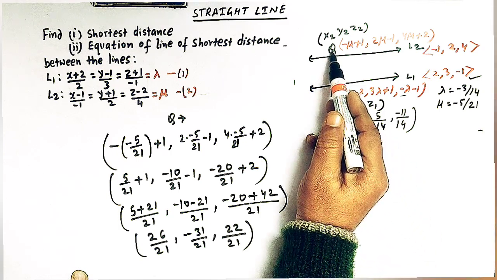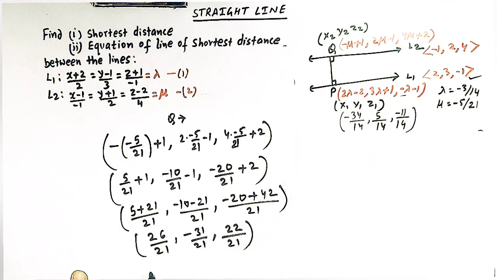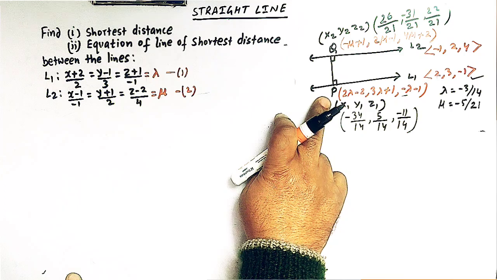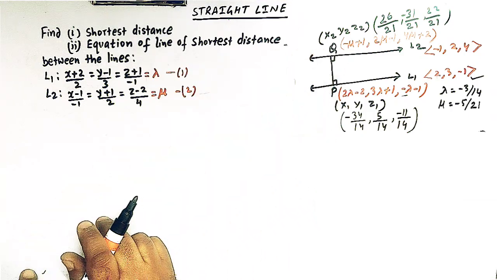So the coordinates of the point Q are given by 26 over 21, comma minus 31 over 21, comma 22 over 21. So now we have obtained the coordinates of point P and coordinates of Q.